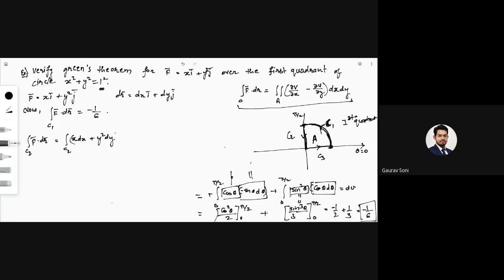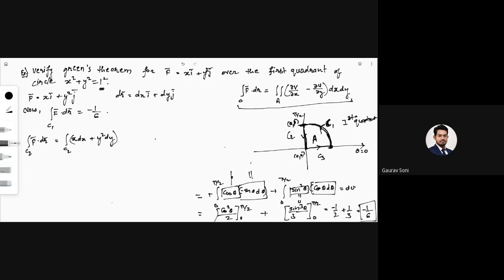What is C2? C2 is a straight line joining this point, which is the point 0, comma 1. I hope you are clear how it is 0, comma 1. It is a circle with radius 1, so the distance of this point from the origin should be 1. And this point is 0, 0.